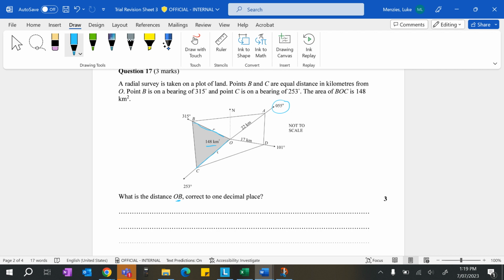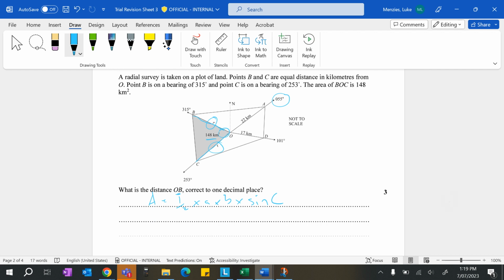So we use the area of a non-right angle triangle formula. It's on your formula sheet, so find it. Area is equal to half times a times b times sine of C.